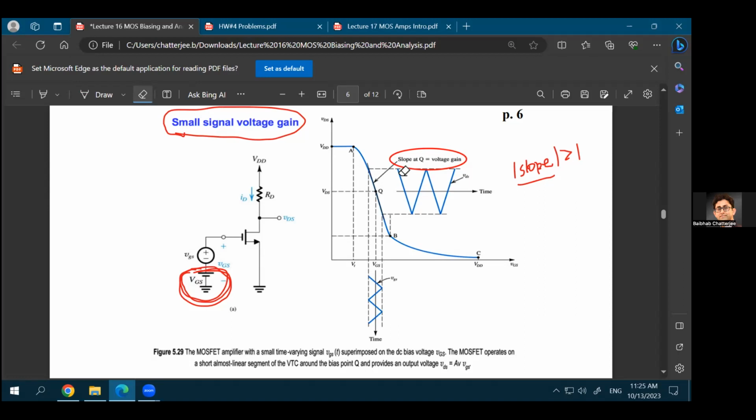It does not know whether it is a small signal or a large signal, whether it is AC or DC. It just says that if you give me this much input voltage, this will be the output voltage. So you can plot any point. It can be a triangular wave, a sine wave, or a square wave, and the VTC will tell you what you can expect at your output side. And if the slope of your VTC is more than 1, you expect this voltage gain.